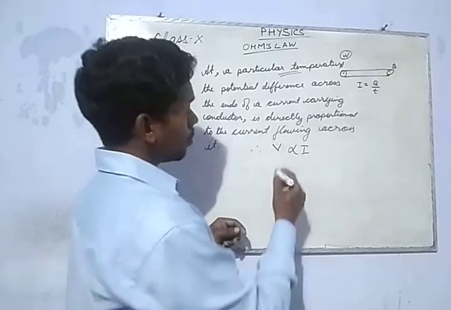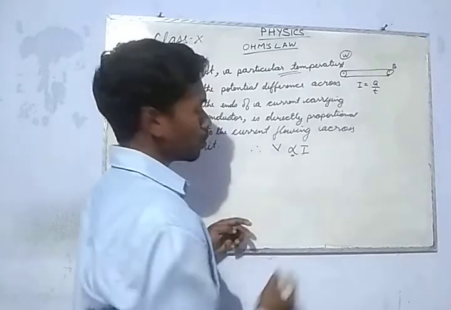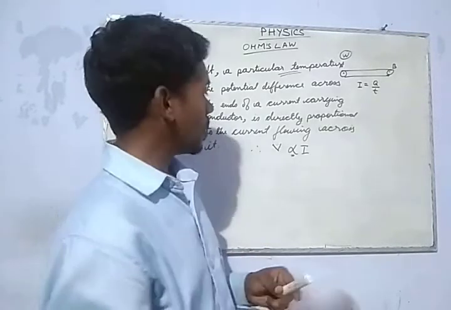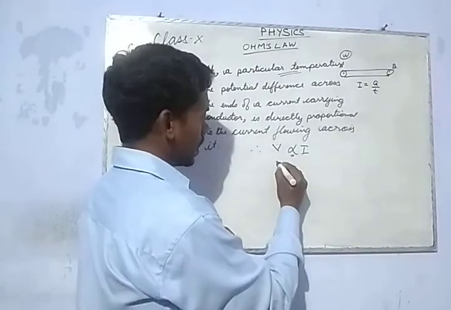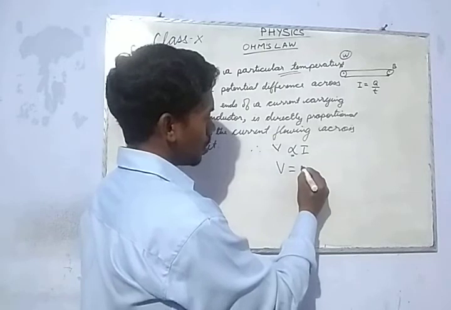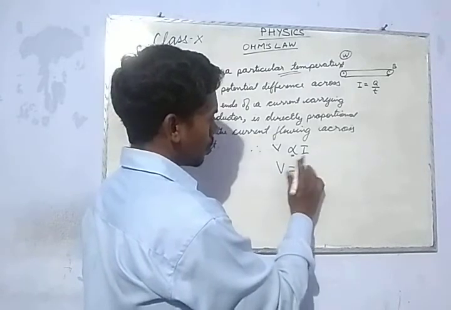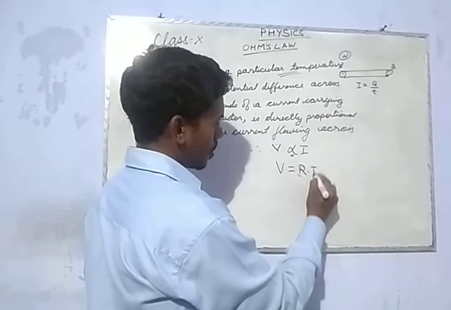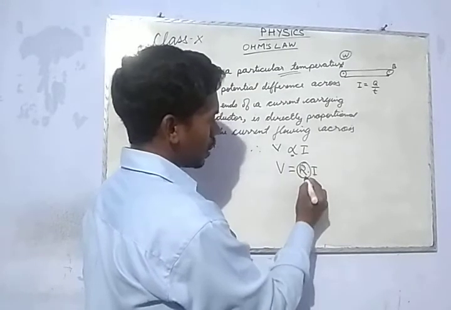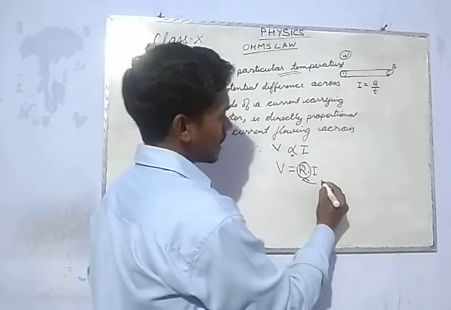Okay, so now to remove this sign of proportionality, we add a constant here. And that constant is called R, and this is called resistance.